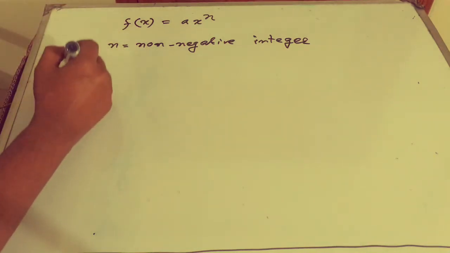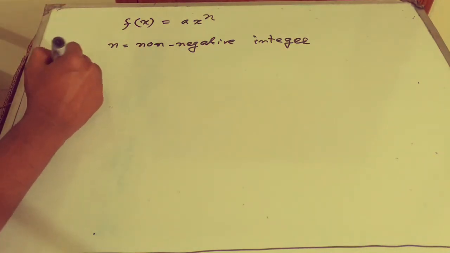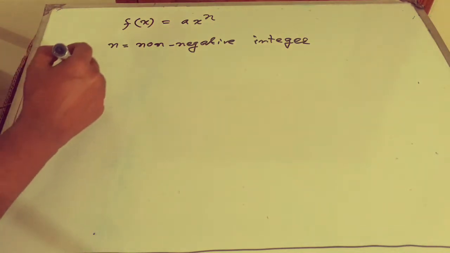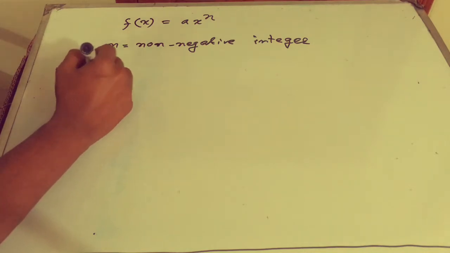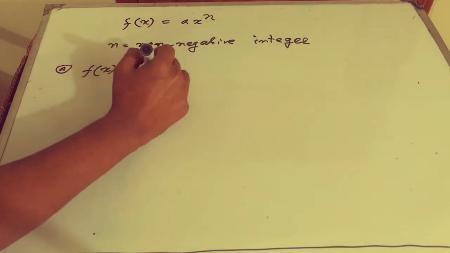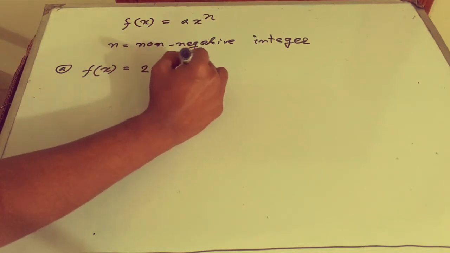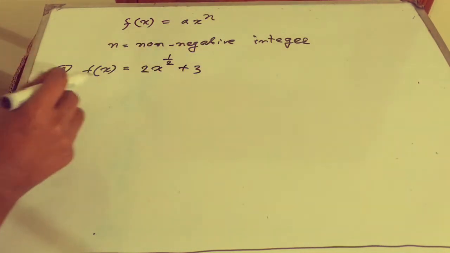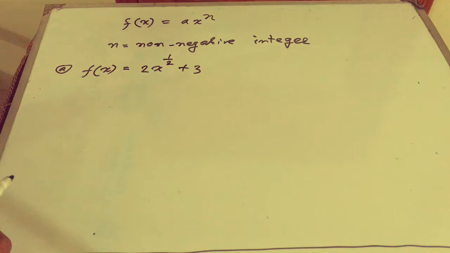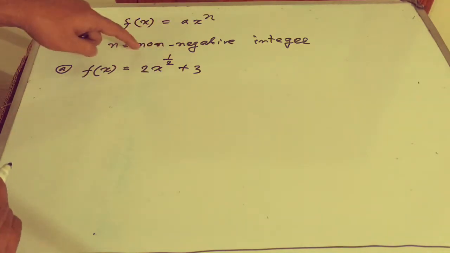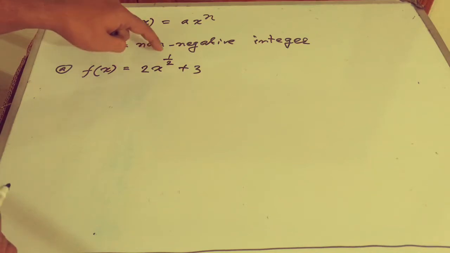What does it mean? It means, let's say we have some function, something like f(x) = 2x to the power 1/2 + 3. You see the power n here, this power 1/2. Is it an integer? This 1/2 is not an integer.